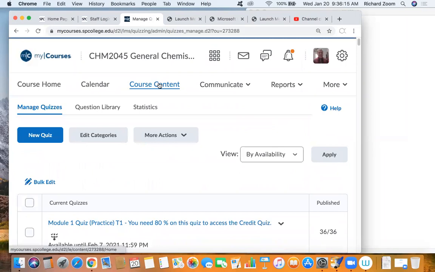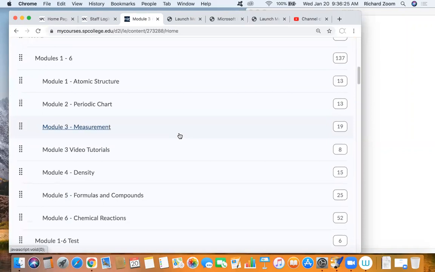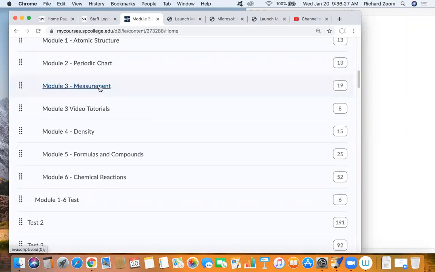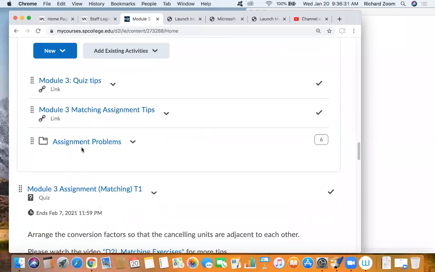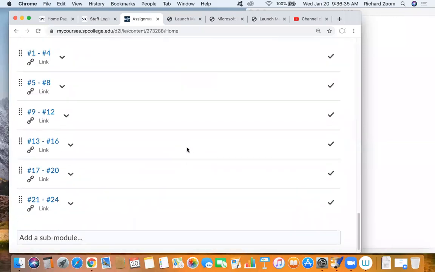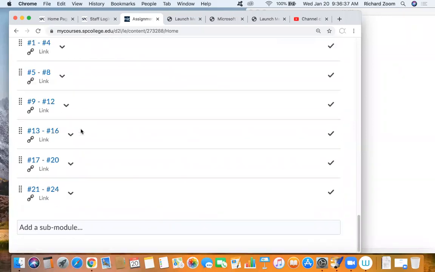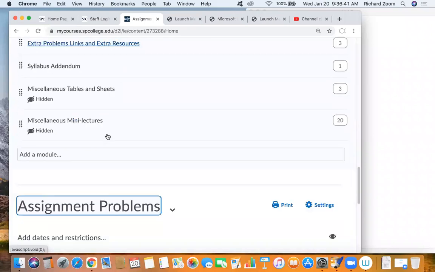All right, so that's the Module 3 assignment. Now remember that all the assignments have video tutorials for them. When we look at Module 3 measurement here, there's the assignment problems, and you can see that there's a video link to all of the different assignment problems. So if you're having trouble with the assignment, you can always go look at that.